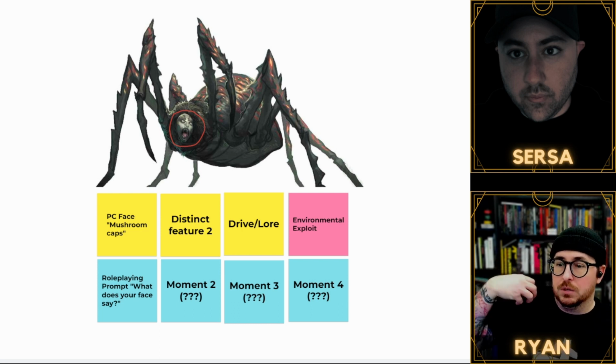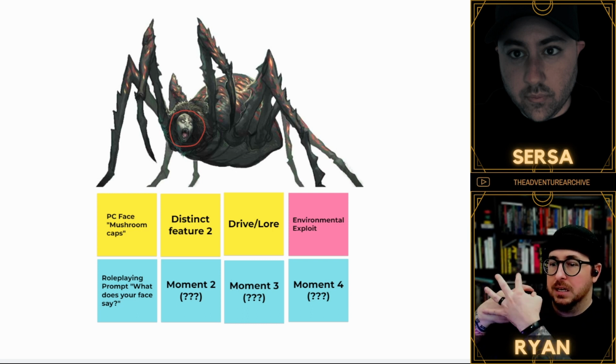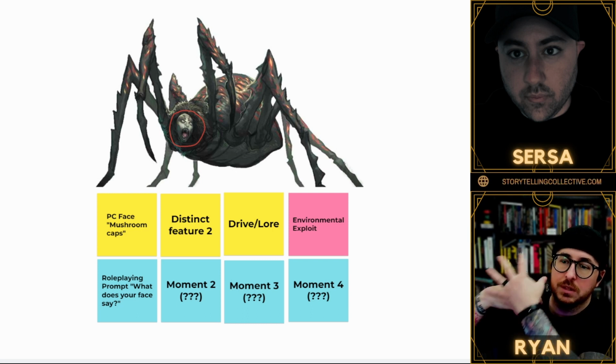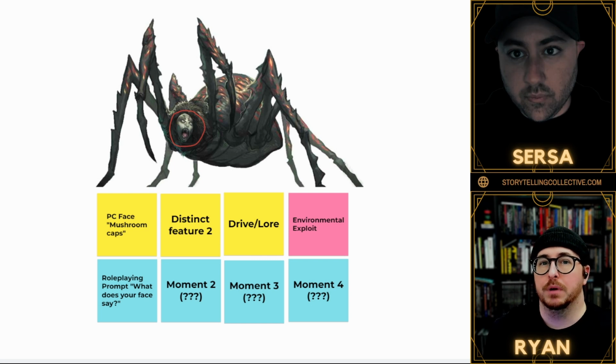Maybe you could see the mushroom cap go out next to the head, so it almost looks like a second head, but you can tell it's a mushroom with the face on the end of it. The other idea is potentially to have the body itself be a mushroom or be covered in mushrooms. I really love the idea of the legs, but I'm trying to think of how to make the legs distinct in a fungal way.